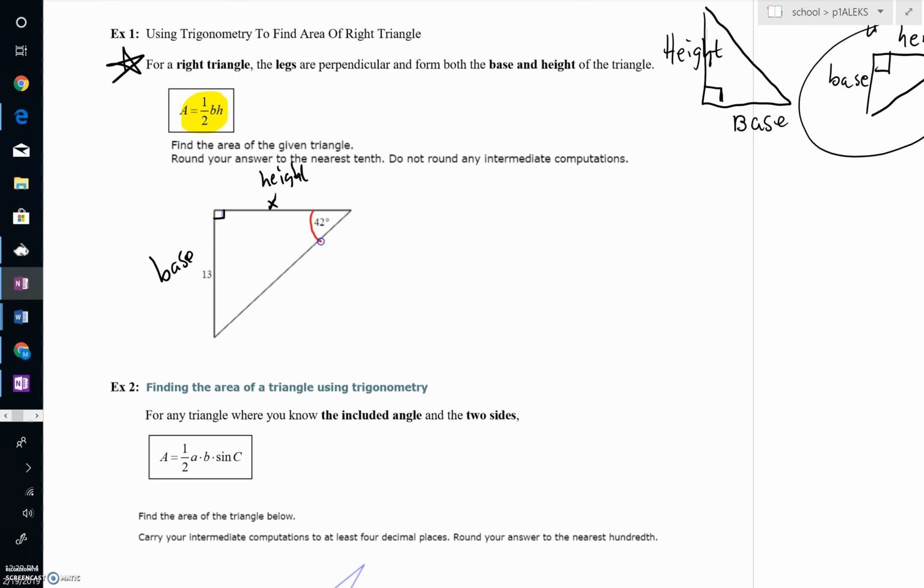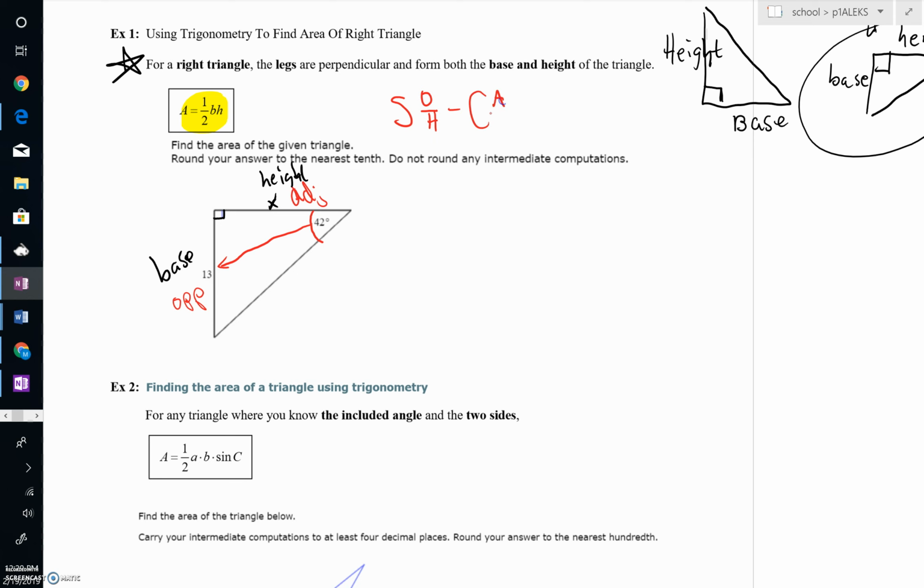From this reference angle, this acute angle of 42 degrees, I can draw across this way and say this is my opposite side. This right here would be my adjacent side, and of course we're going to go back to SOHCAHTOA.